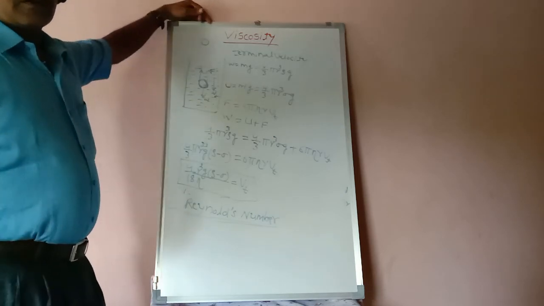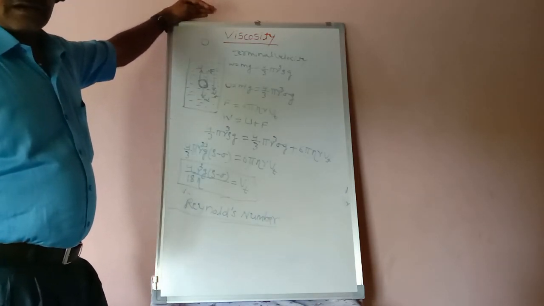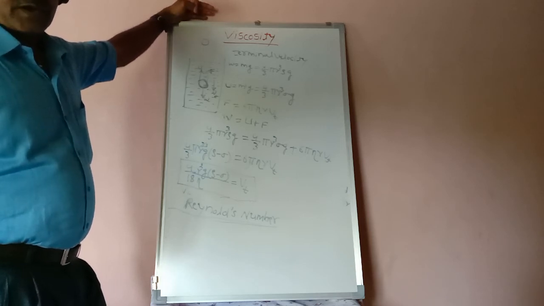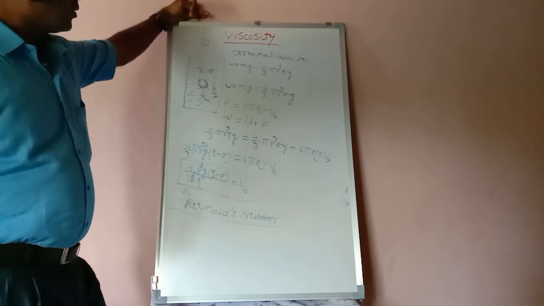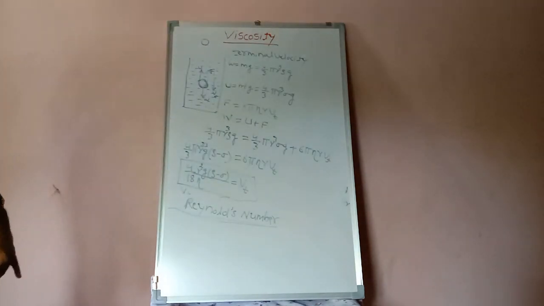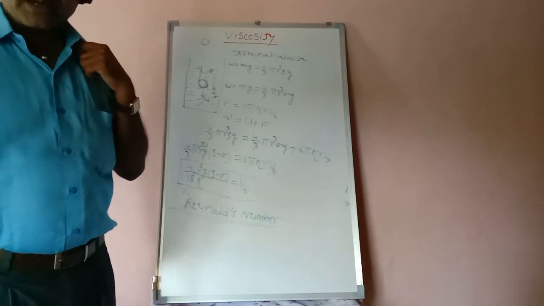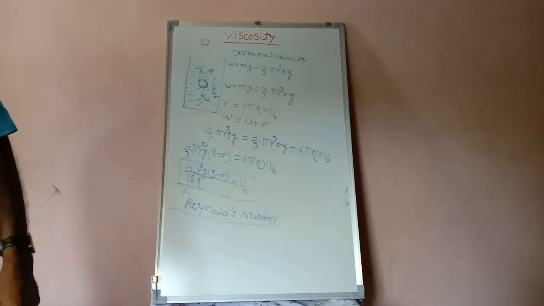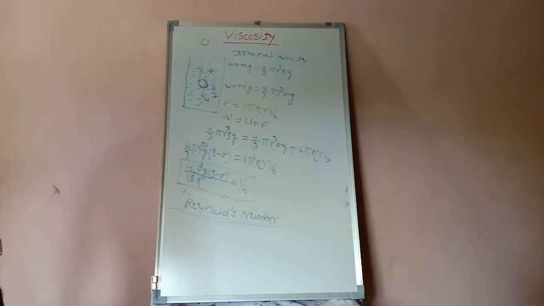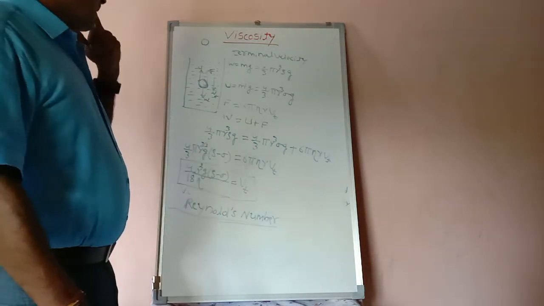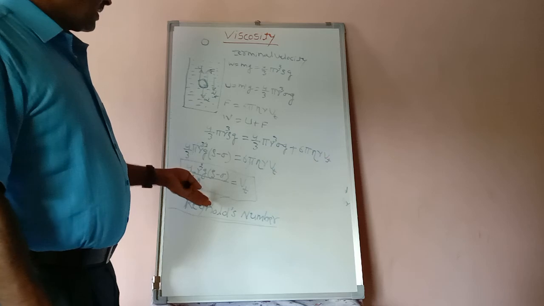Today in this class we discussed viscosity and examples of viscosity, the coefficient of viscosity, relative viscosity, the effect of temperature on viscosity, the Reynolds number, and the derivation of terminal velocity.